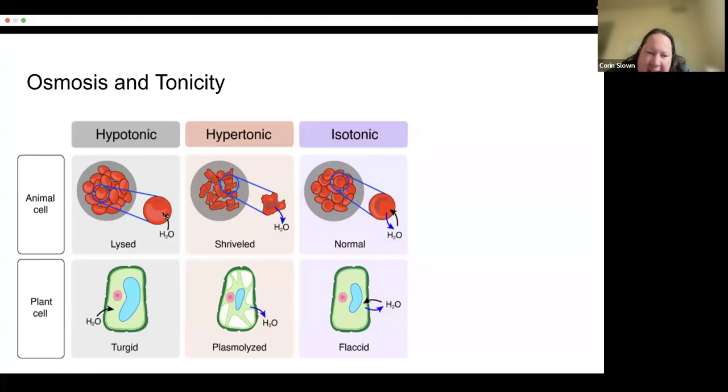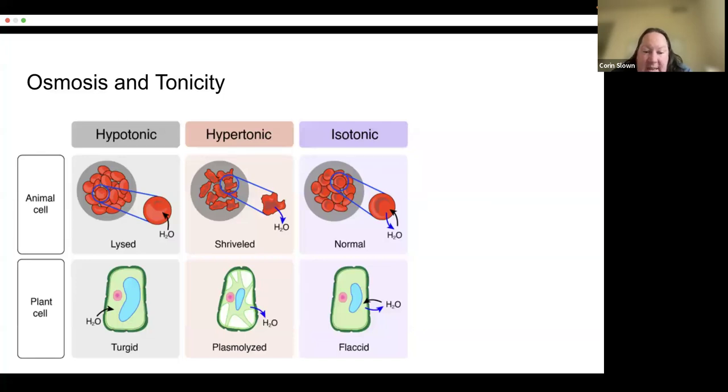For an animal cell, I often think of it as like a balloon that's fully blown up, where the pressure on the inside is exerting force so that it seems distended. That's very different than, say, something that's hypertonic, where you have shriveled cells, essentially the water is coming out of the cell, and so the actual volume of the cell itself is decreasing.